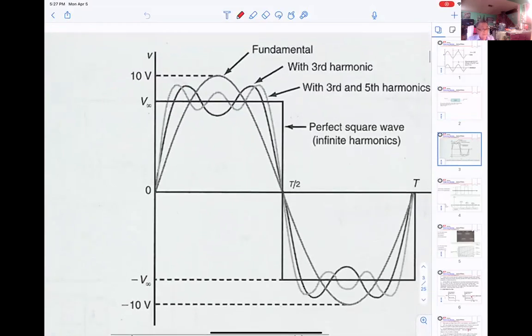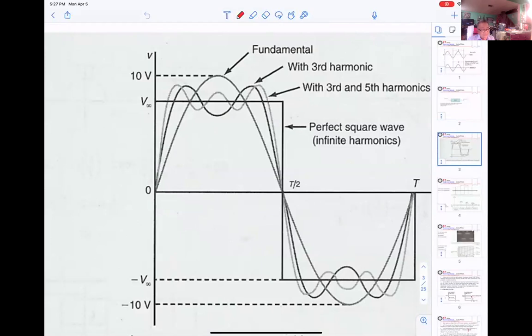On this one, they just give you the sine wave and the square wave. Basically, the square wave is made up of different sine waves at different harmonics. In this example, they give a fundamental harmonic, and then a third harmonic, fifth harmonic, and seventh harmonic.